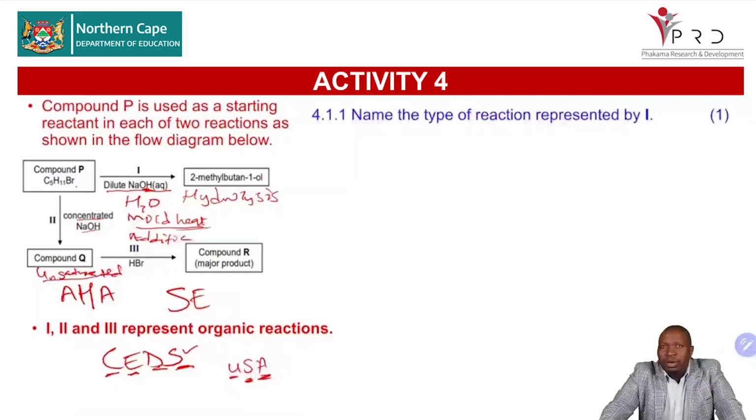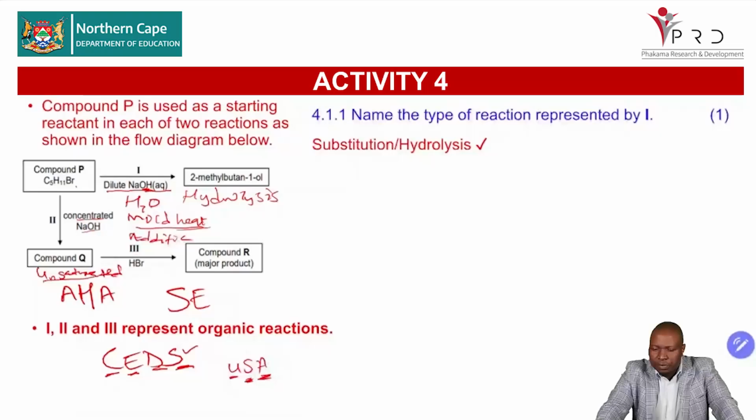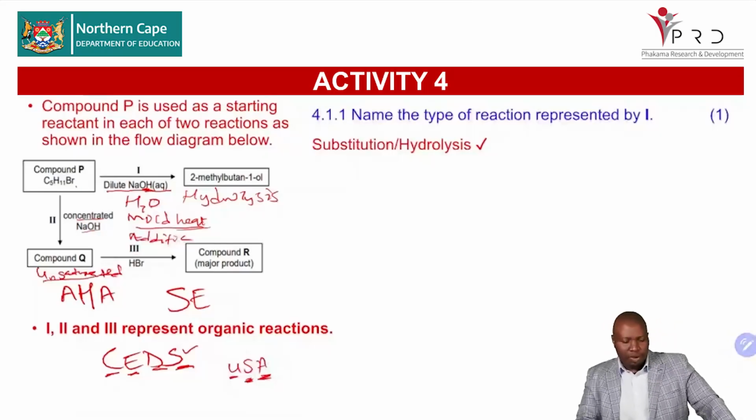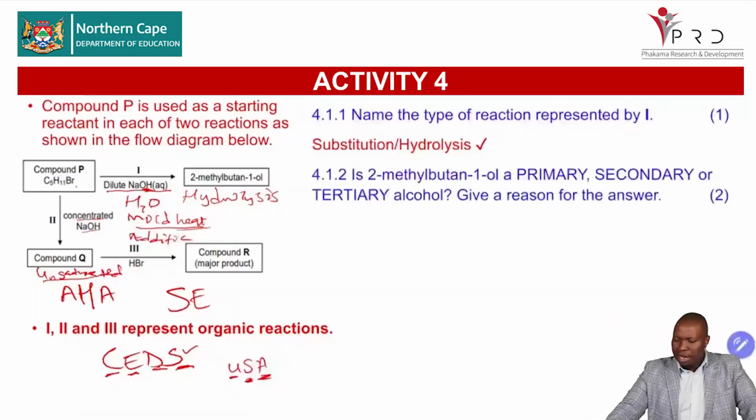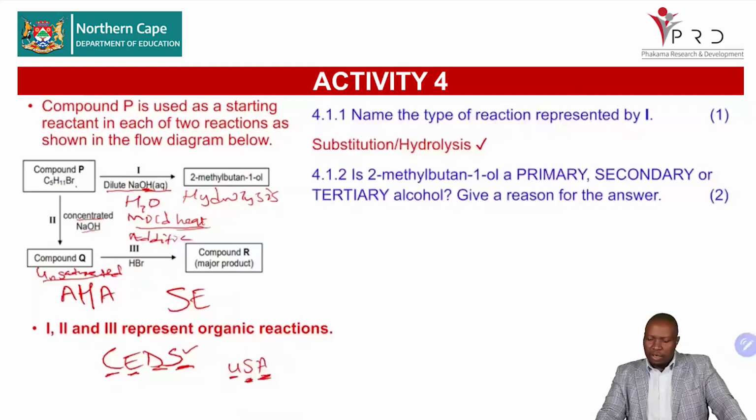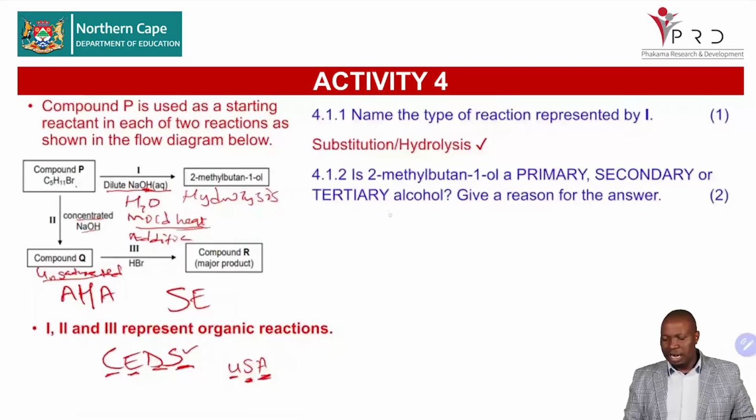Now name the type of reaction represented by 1. Already we talked about that. We said it's substitution, and we'll also accept hydrolysis because we are being specific. And then, is the 2-methylbutan-1-ol a primary, secondary, or tertiary alcohol? You can see that the OH is on the terminal carbon.